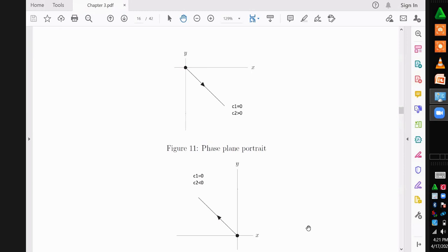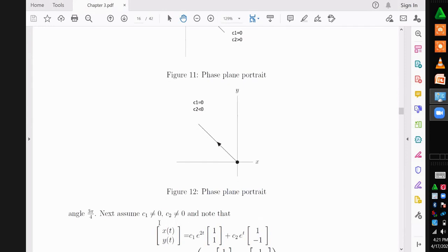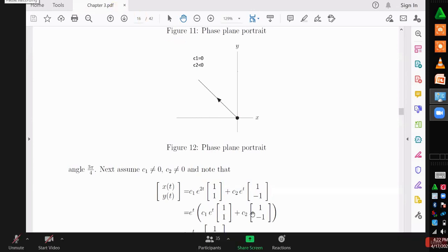And for arbitrary values of C1 and C2, you can see for C1 other than 0, C2 other than 0, just consider the general solution. (x, y) is C1 exponential 2t (1, 1) plus C2 exponential t (1, minus 1). Now just taking exponential t common, so this is exponential t into C1 exponential t (1, 1) plus C2 (1, minus 1).